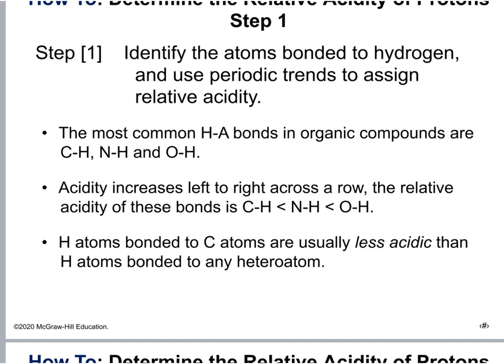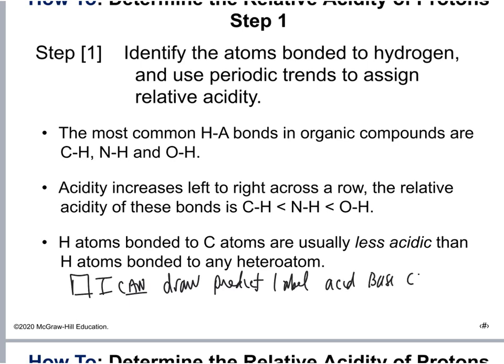So, hopefully, the I can statements. From so far, you should be able to draw, predict, and label acid, base, conjugate base, and equilibrium values in an acid-base reaction, because you're going to be tested on that.